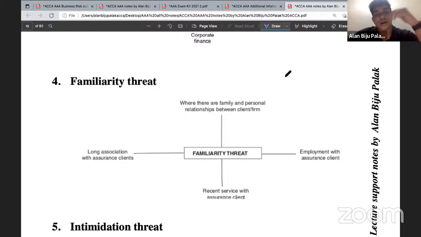Or if my wife is part of the client company, then again there is a cause of familiarity threat. And if my wife is in the client company, it may result in both the familiarity as well as the self-interest threat. So whatever the case, if there is any possibility of a threat that arises due to familiarity between an auditor and a client, then it may result in familiarity threat.